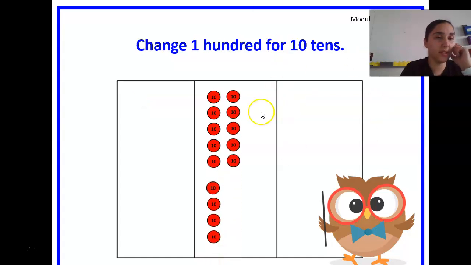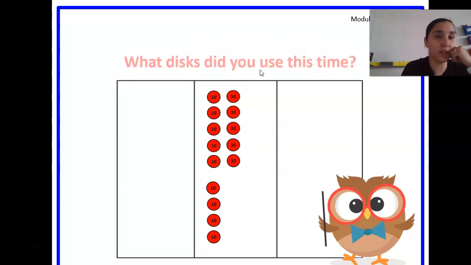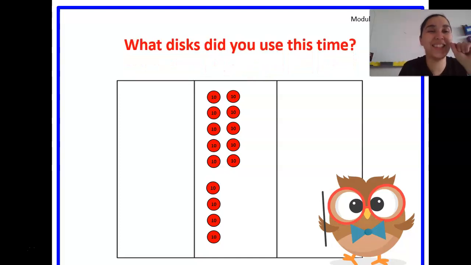Look at what I did. Now I want you to tell me, what discs did you use this time? Get ready. Yes, look at this. 5 plus 5 make 10, plus 4 is 14 tens. So you use 14 tens.